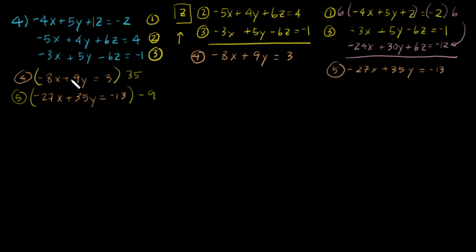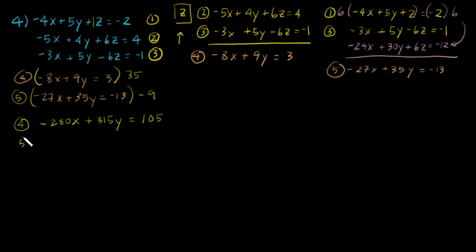That way we end up with 35 times 9, which is 315. Whoa, that's going to be our coefficient of y. So my new fourth equation is going to be -8 times 35, which is -280x, plus 315y equals 3 times 35, which is 105.